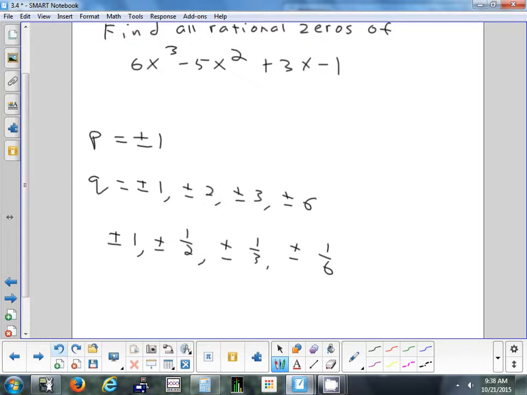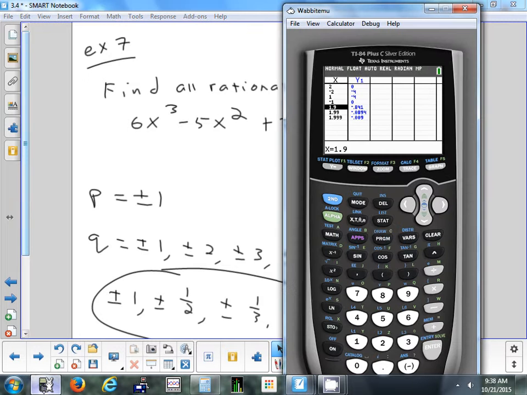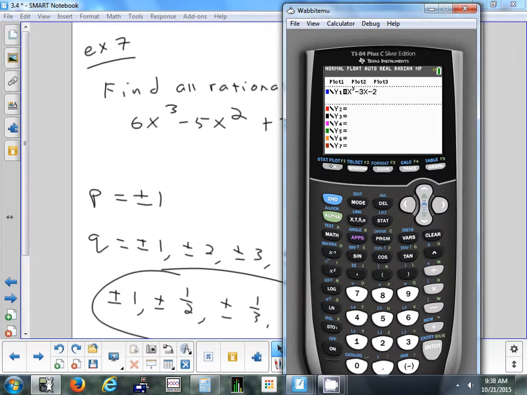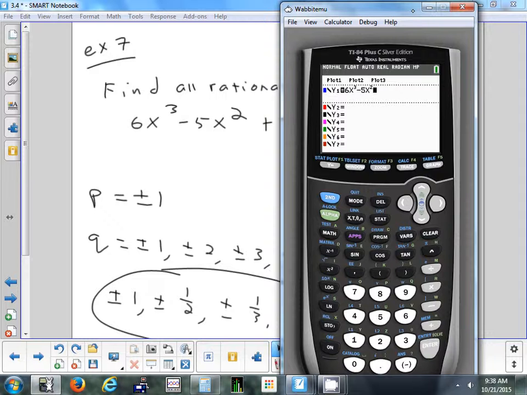Now we're going to graph it. We're going to look for one of those 8 numbers. If we can find one, we use synthetic division. So we got 6x cubed minus 5x squared plus 3x minus 1.